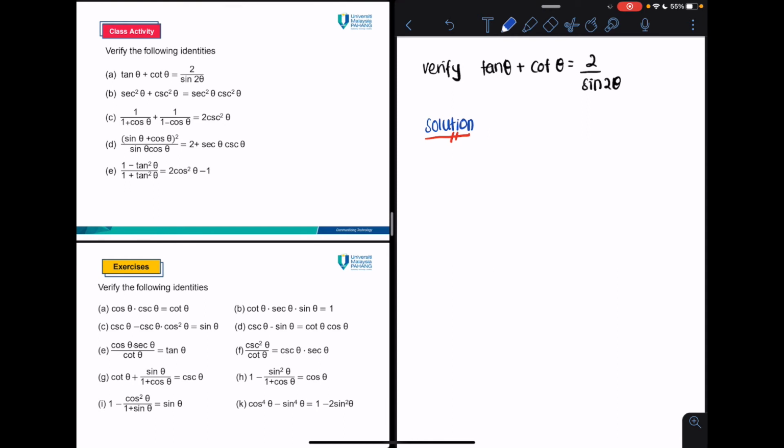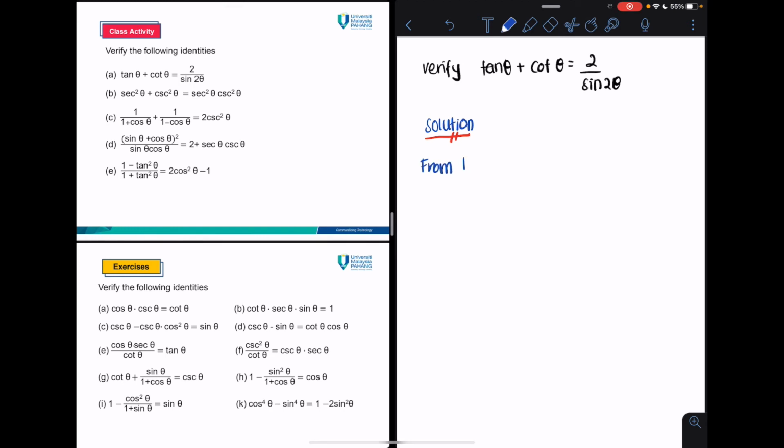Now let's try the question listed in the slide presentation. So I'm going to show you how to verify tangent theta plus cotangent theta equals 2 over sine 2 theta. So right now I'm going to approach from the left hand side, and then I'm going to show that the left hand side is equal to the right hand side.